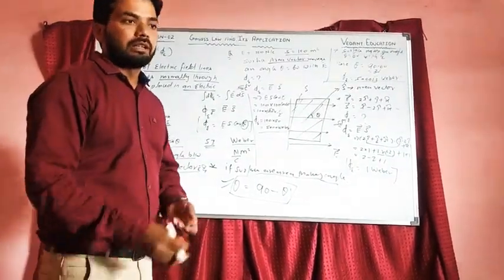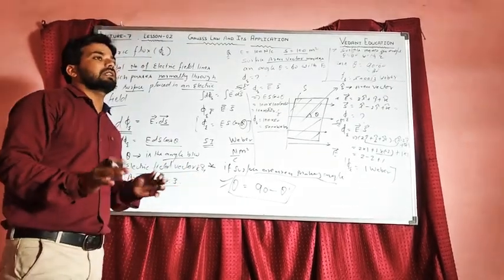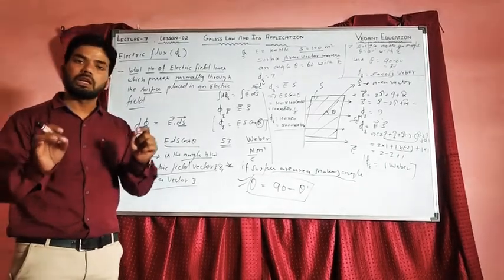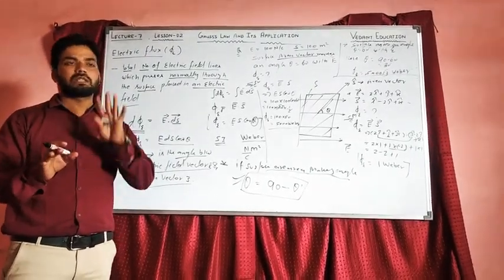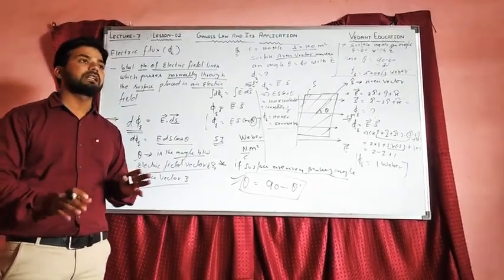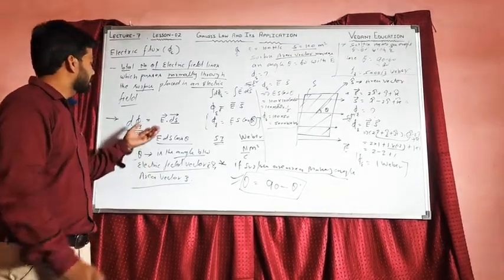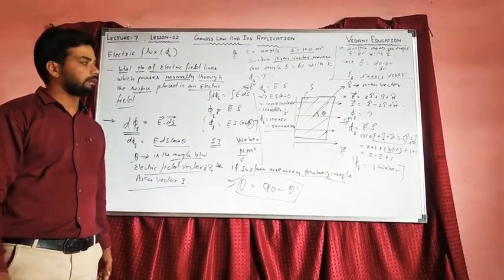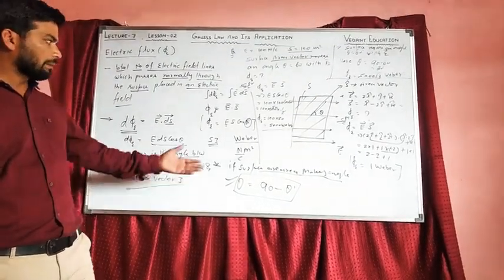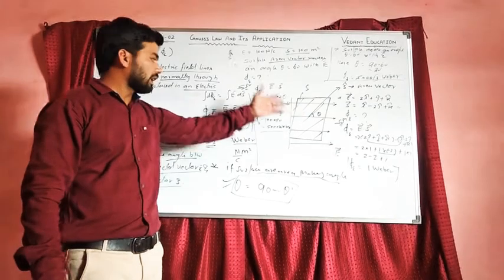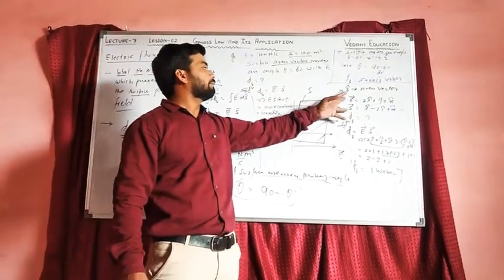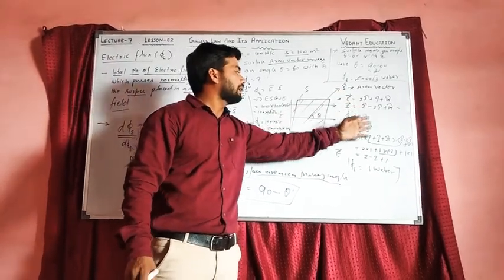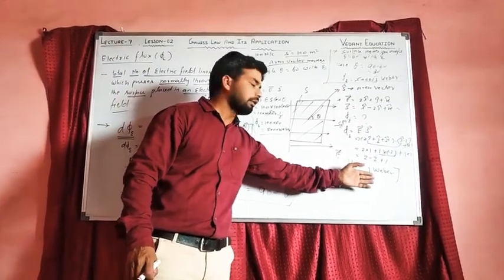I have defined electric flux. What is the electric flux? Electric flux is the total number of electric field lines which pass normally through the surface area placed in an electric field. Mathematically, it is defined as the scalar product of the electric field vector and area vector. How do we calculate the numerical problems? There are three types. If both are given in vector form, then simply take the dot product and calculate the electric flux.